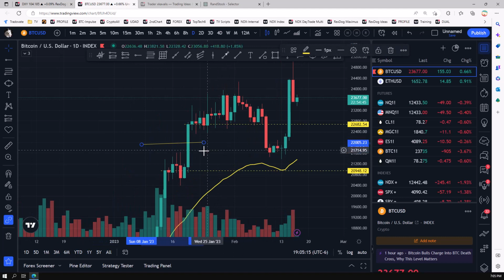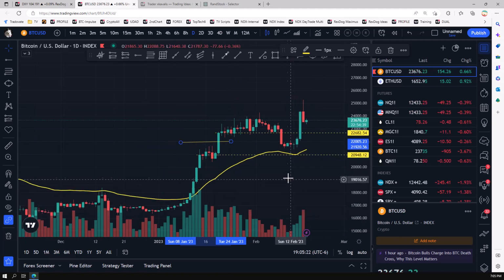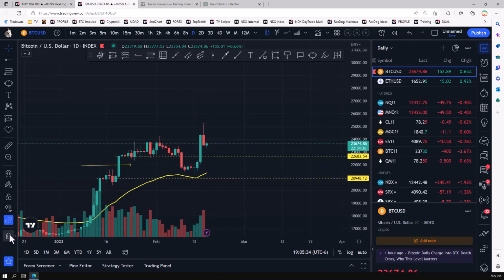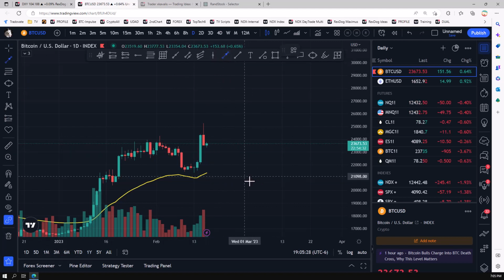So the next concept I would share is that when you're reading candle by candle, the candle that follows is a reaction to the previous candle.